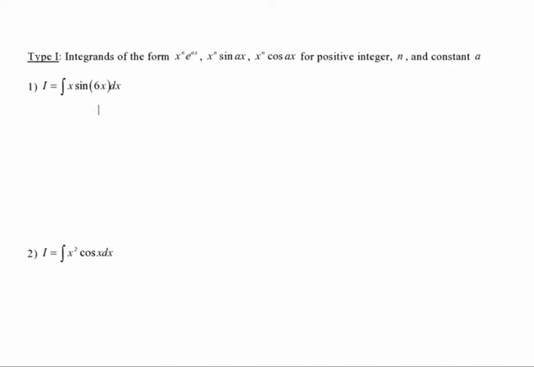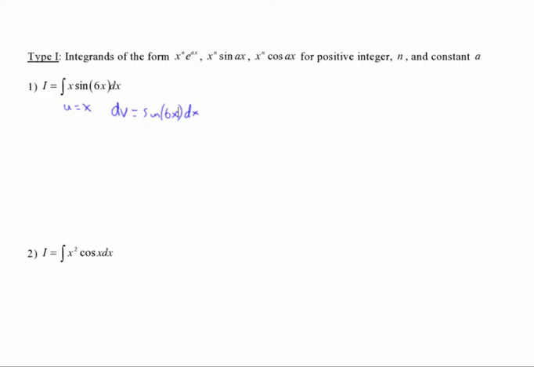Well, we can integrate both of them, but if there's a choice, we want to make our new integral simpler. So we're going to let u equal x. If u equals x, that means dv has to be the rest of the stuff, so that would be sine of 6x dx.